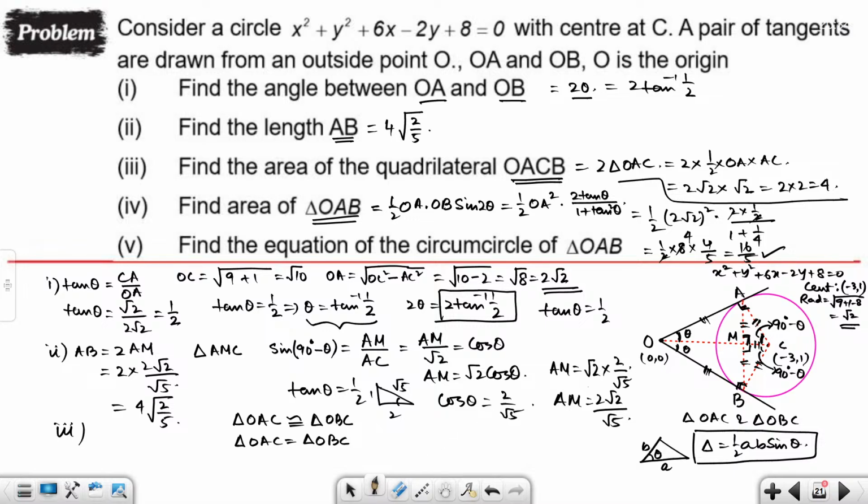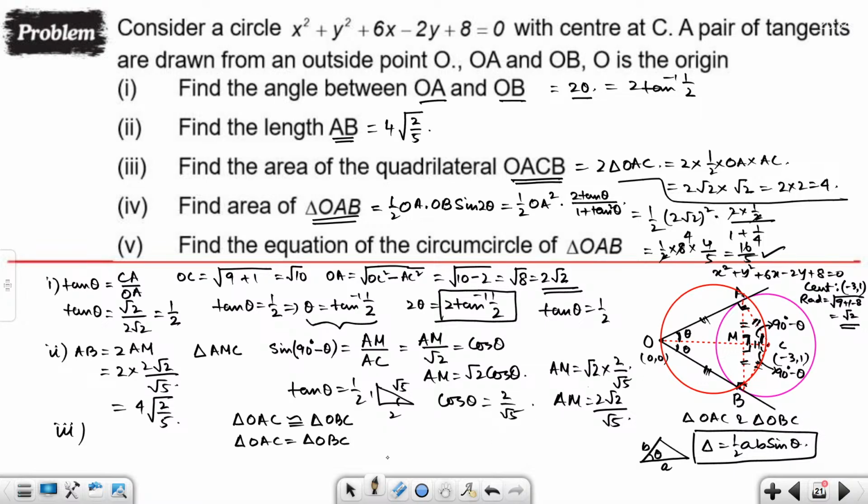Let me draw the circle which is circumscribing OAB. It is definitely going to pass through C as they are cyclic. I have already mentioned it. So OC will become the diameter.